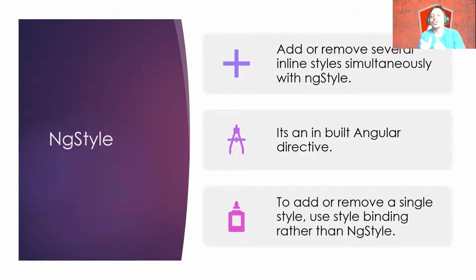You use style binding when you have only one style to put on your DOM element, based on a condition or static. And when there are multiple inline styles that you want to put on a DOM element, be it dynamic or static, you need to use NgStyle.